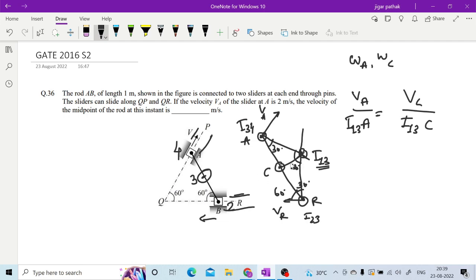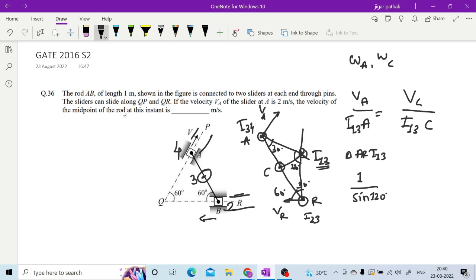Now apply the sine law in the triangle A R I13.